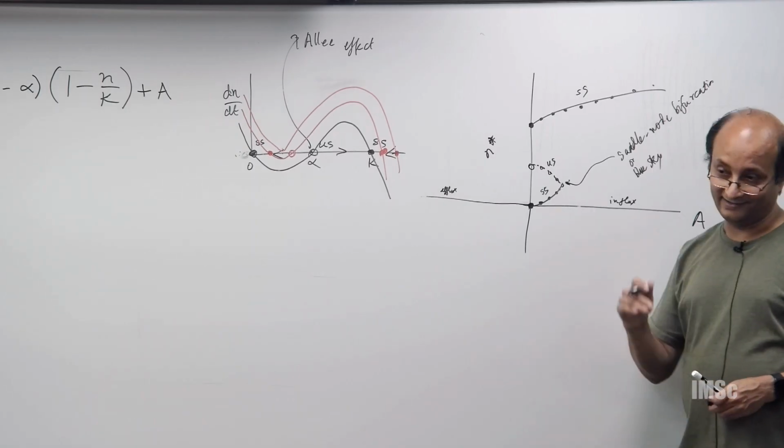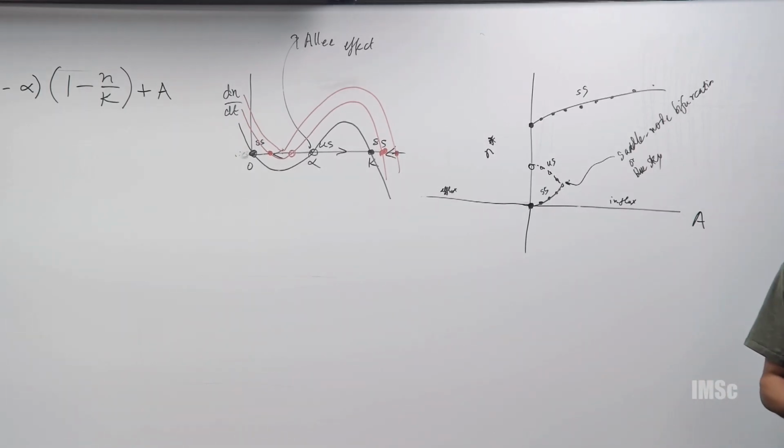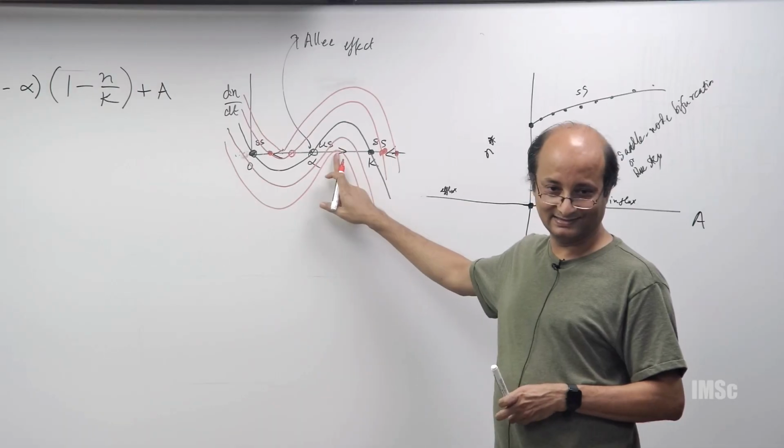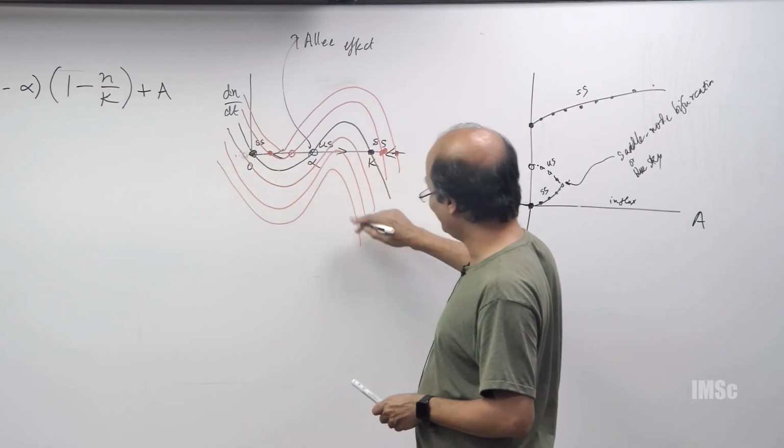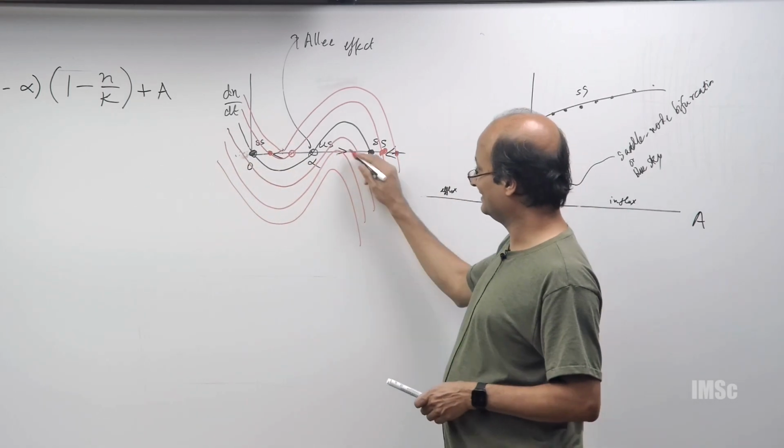What if I make A negative? If I make A go negative, this is going to start going down until this unstable branch and this stable branch collide, and if you make A go down even further, then they have disappeared.